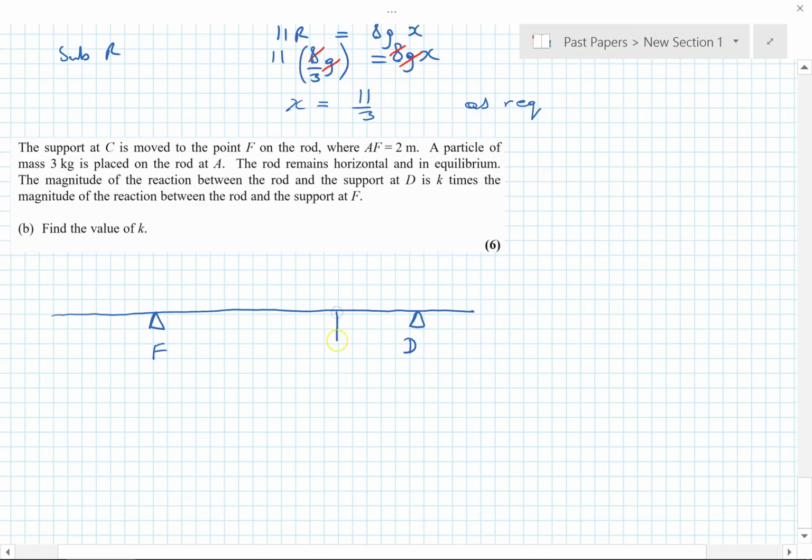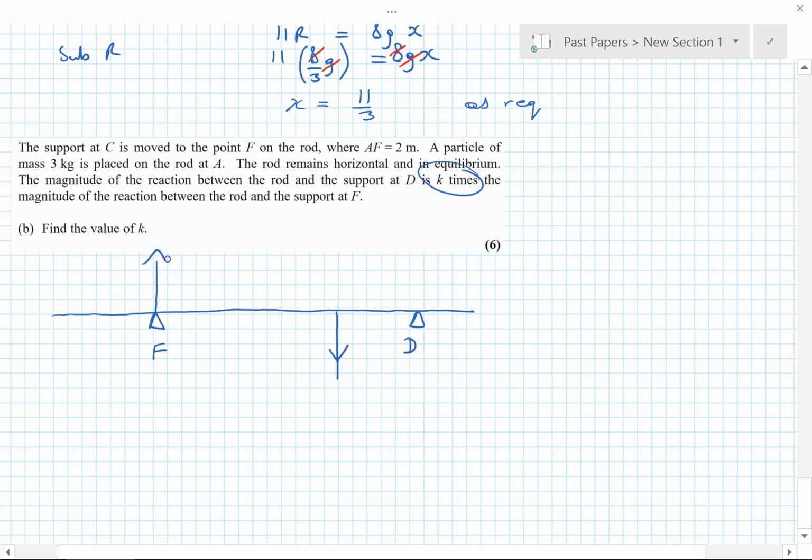And we now know the centre of mass of this one. We know that this distance here is 11 over 3, because we've worked that out from the question before. Now we're told that it's not 2 times but k times the ratio.